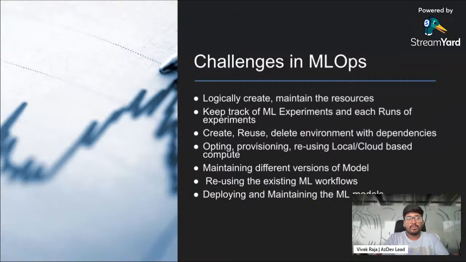How do you ensure that you spin up a virtual machine on demand? And how do you ensure that your model is installed there to accept requests? And how do you reuse your machine learning workflows? For example, if I create a workflow for data cleaning and model training, can I reuse the same steps for my future algorithms or workflows?